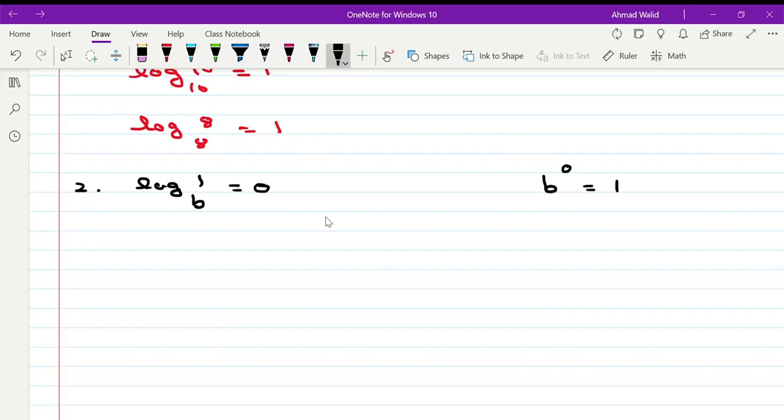For example, if they give you log of 1 base 5, your answer immediately is what? 0. Because log of 1 base b is always 0.